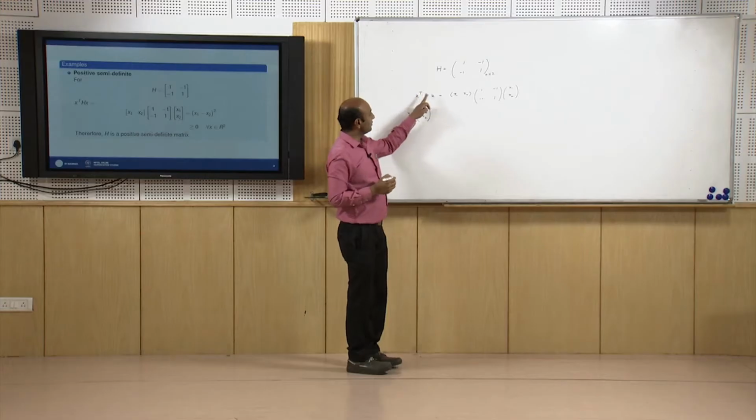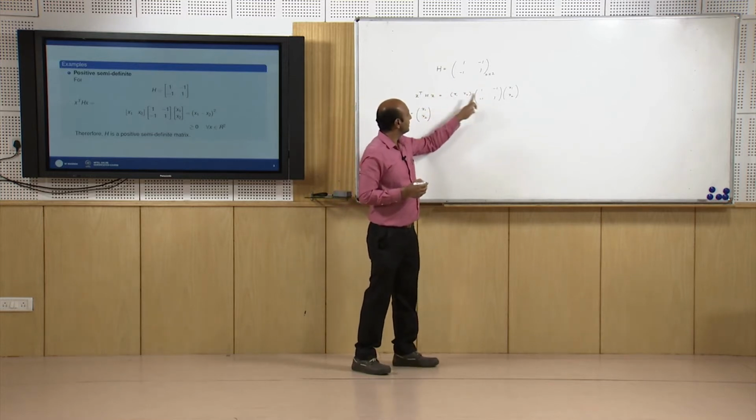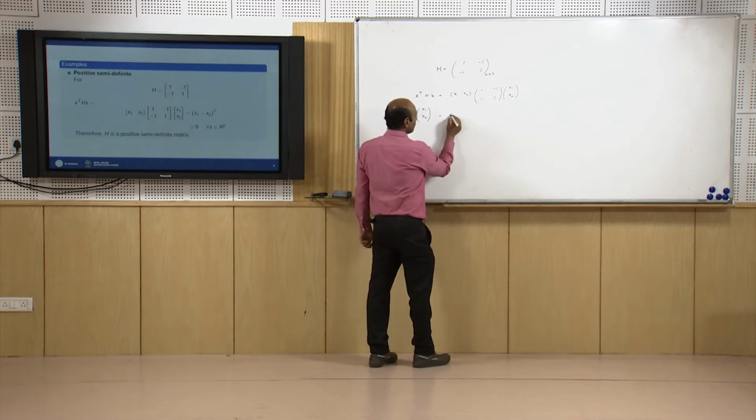So, x transpose is x1 x2 as a row vector, H is this matrix and x is a column vector. Now, you multiply these three. What do we obtain?